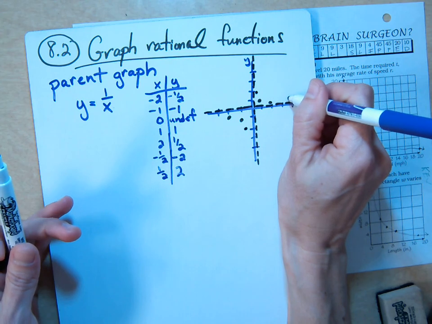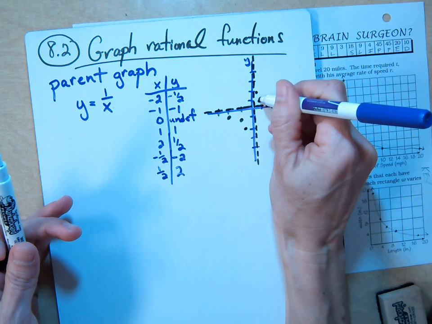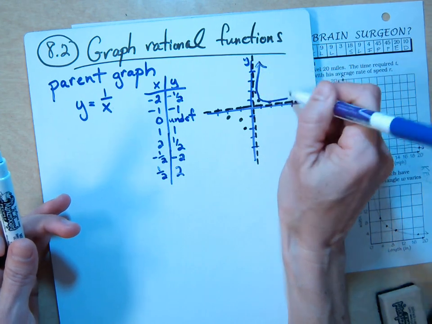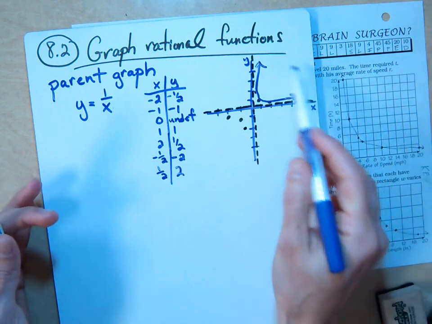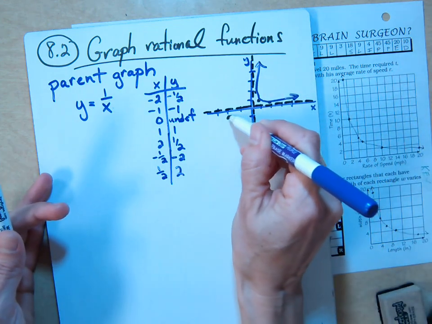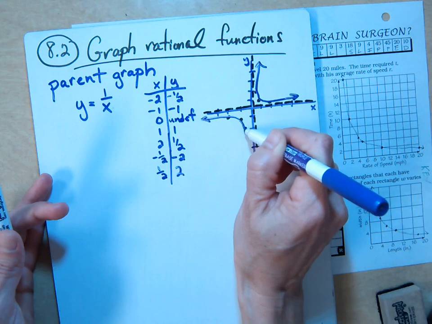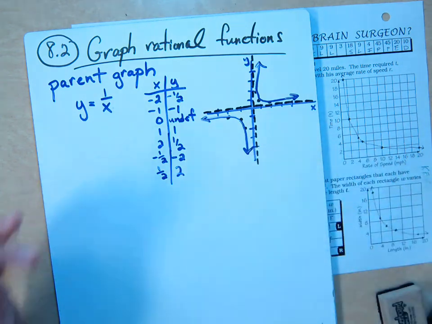So the shape of the graph, it just goes like this. It curves up, like you saw in your homework, in this quadrant, and then it curves this way. It gets closer and closer to the axes, but it doesn't touch. So the asymptotes are a part of your graph, and that is the shape of the basic rational function y equals 1 over x.